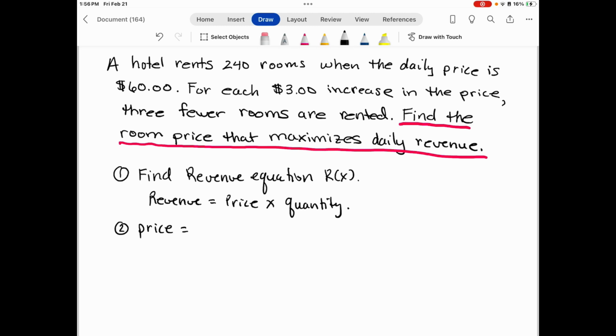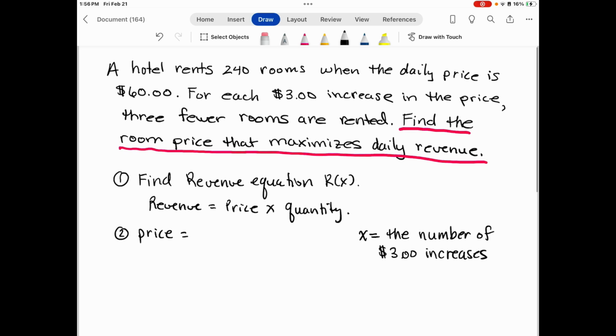Since we're going to let X be the number of $3 increases, our price is going to be $60 because that's what we're starting with, plus $3 times the number of increases.